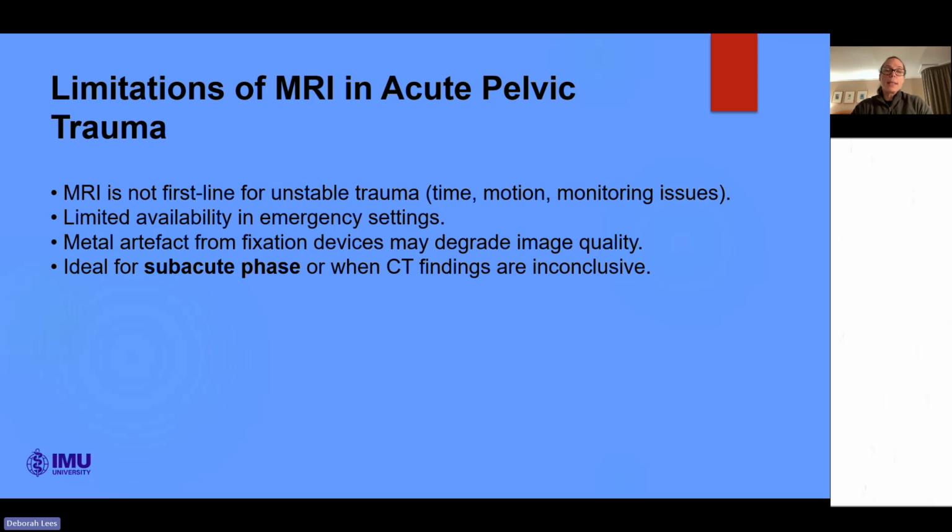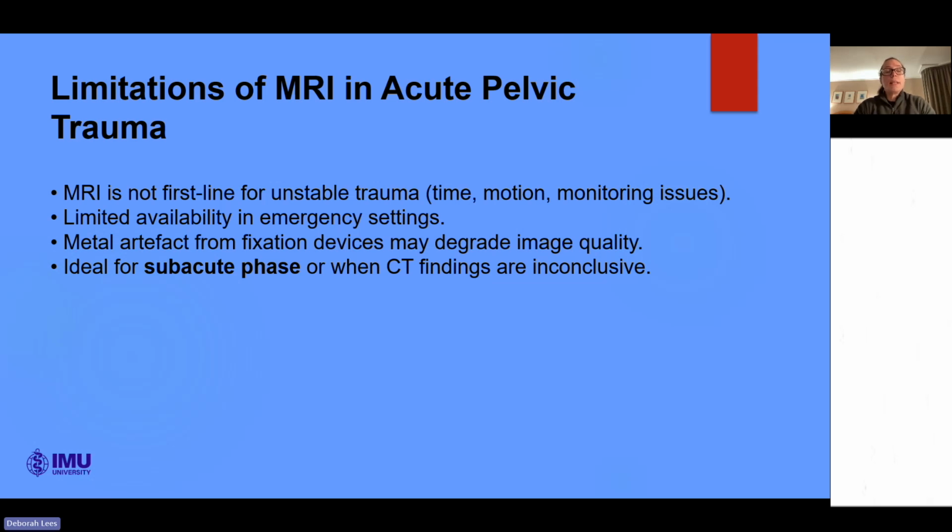You can get a venous injury to this, which creates a bleed, and a person can lose a huge amount of blood through this. So you want to know what you're dealing with pretty quickly because you may need to go to theatre to either pack the pelvis or to embolize some of the bleeding to control it, because a person will die from the bleeding if it's not addressed.